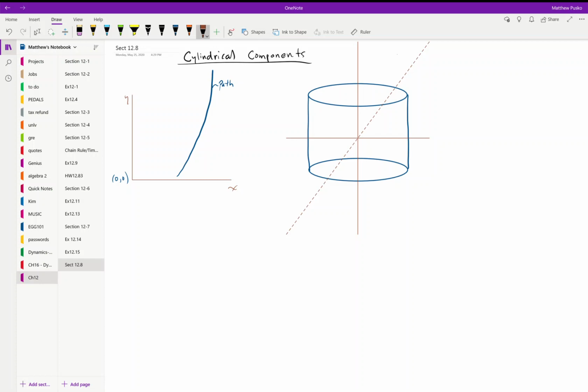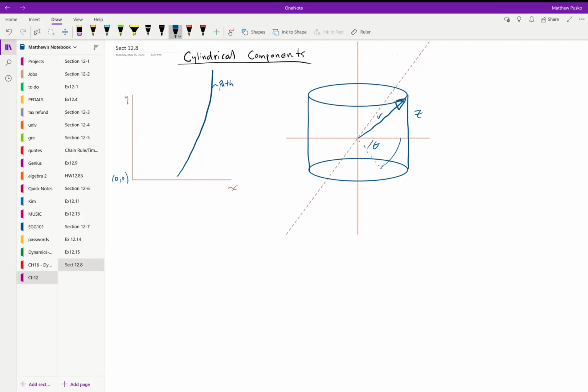Alright, let's take a look at solving problems in cylindrical coordinates. So, you've used these before. Cylindrical coordinates would be maybe locating at some angle theta, some distance r, and some distance z.